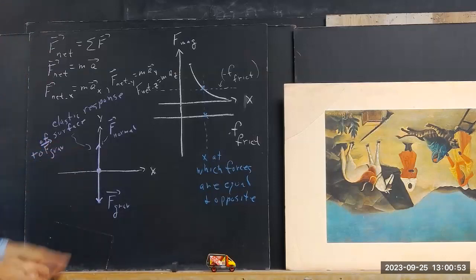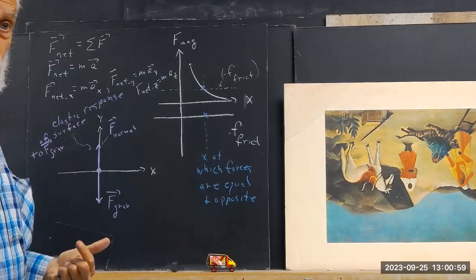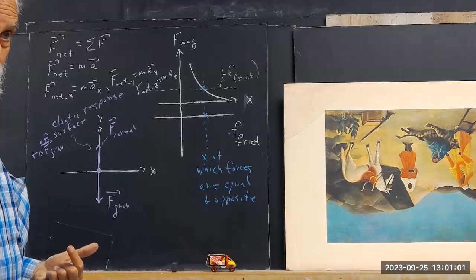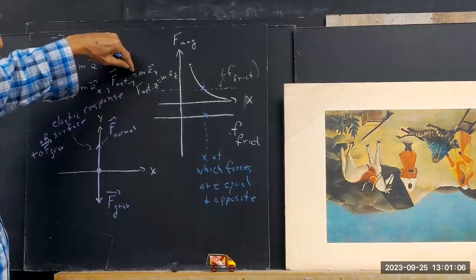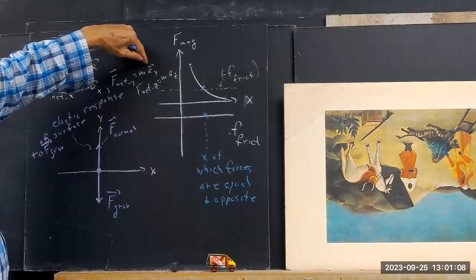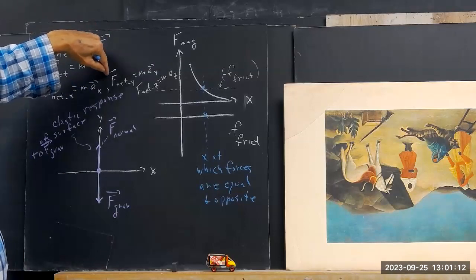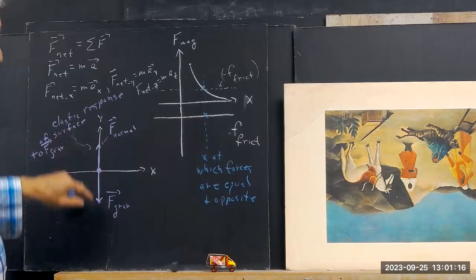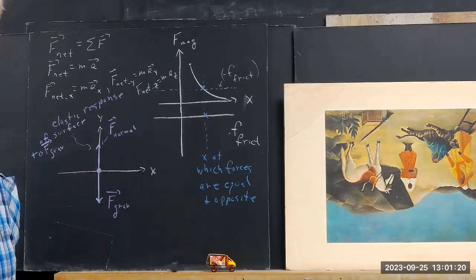So we've got normal force, gravitational force, and also the acceleration in the y direction is 0. Okay, so what's the force in the y direction? Mass times the acceleration in the y direction is mass times 0, which says net force in the y direction is 0, which says that these forces have to be equal and opposite because there are no other forces acting in the y direction.